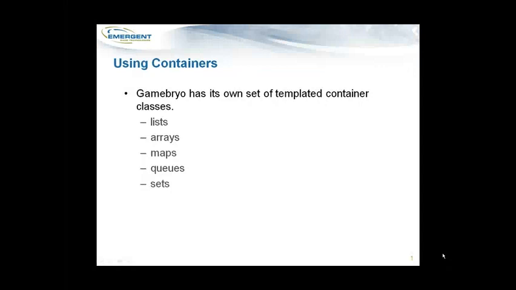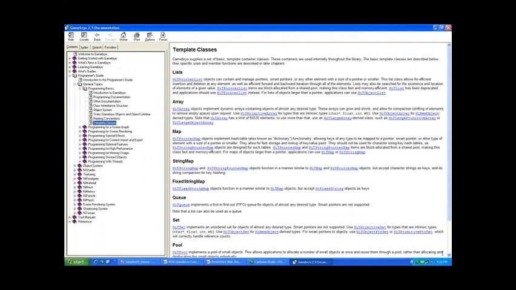Although that's improving, we still have our own container libraries with all the standard containers you might expect: lists, arrays, maps, queues, and sets. If you look in the documentation under template classes, you can find a list of all of these types and information about the specific subtypes that are available to you, and when you would want to use which type for optimum performance in your program.